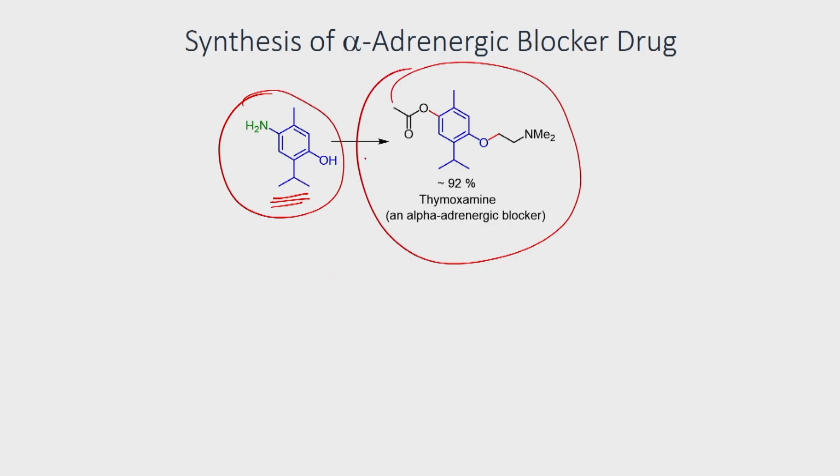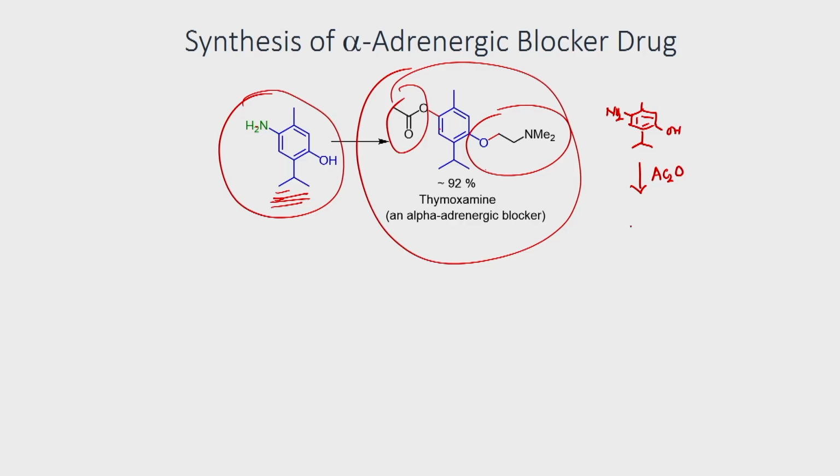Now let us look at how the diazonium salt is involved in the synthesis of the drug. This is the starting material. Once we have the starting material, you have the product with the amino group, where you have to convert this to ester, and on this side you have to make the ether functional group.